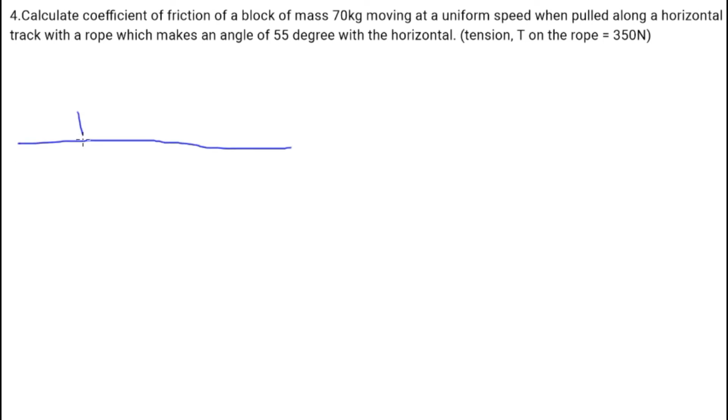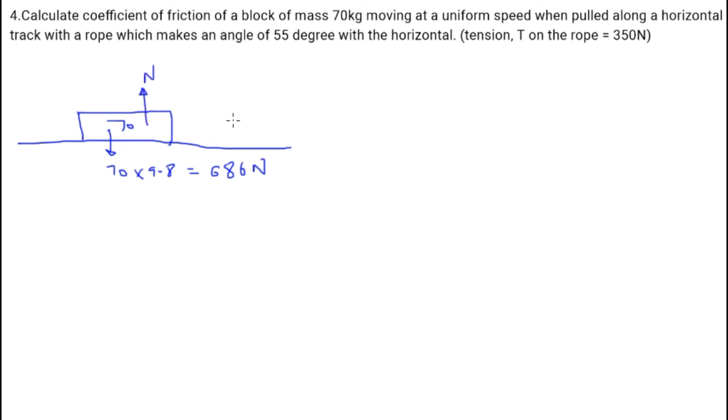This is the object with a mass of 70 kg. That means it will have a weight of 70 multiplied by 9.8, which is equal to 686 Newton. All right, and then there will be a normal reaction.